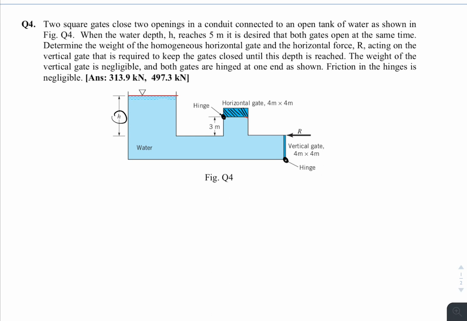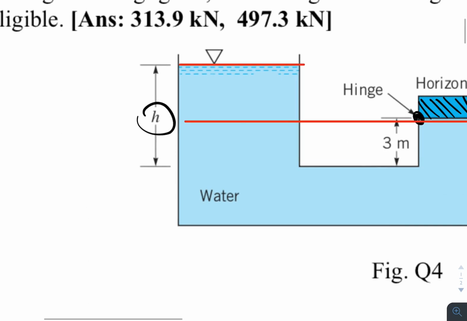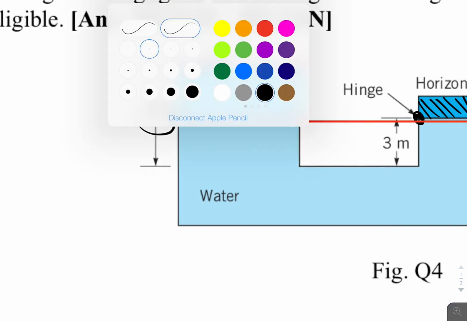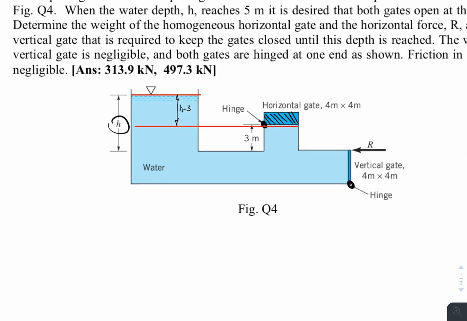At some location here, we also have a line of constant pressure which goes from the base of the horizontal gate all the way across here, which is h minus 3 meters. So we know that by looking at this depth here is going to be h minus 3 meters, and if h is 5, then that's just 2 meters.